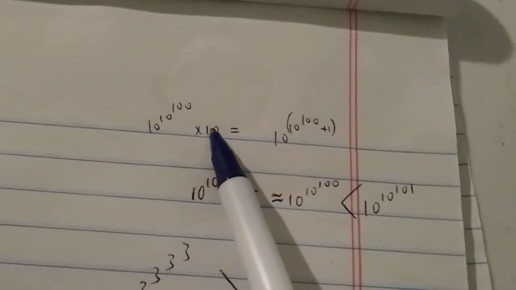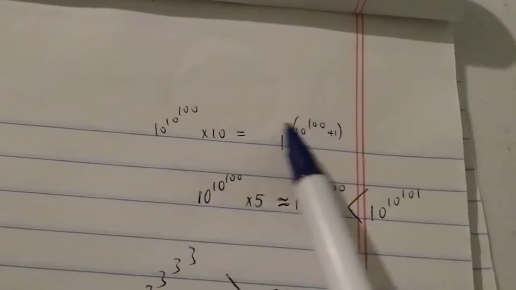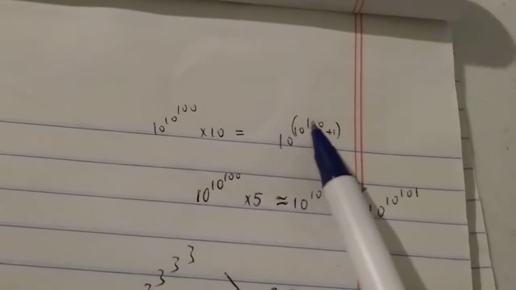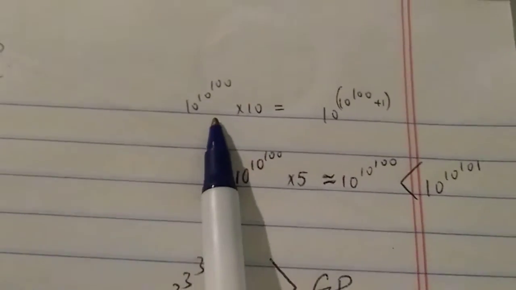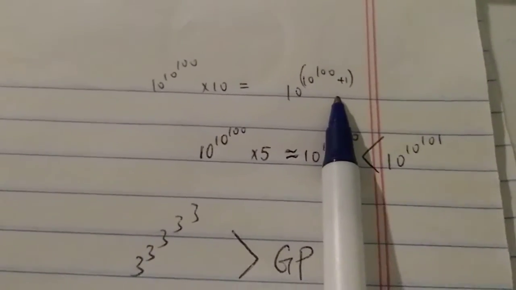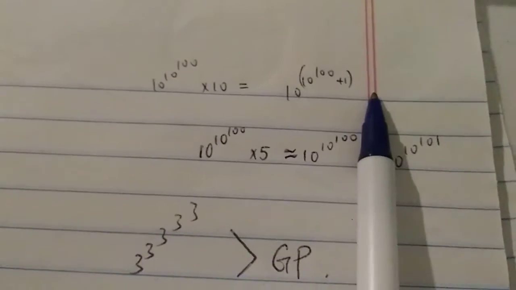This is just 10 to the 1, so that's why it equals a Googol plus 1. So what is a Googol plus 1? A Googol plus 1 is just a Googol, right? Because a Googol itself is a very big number. So a Googolplex times 10 is basically equal to a Googolplex.